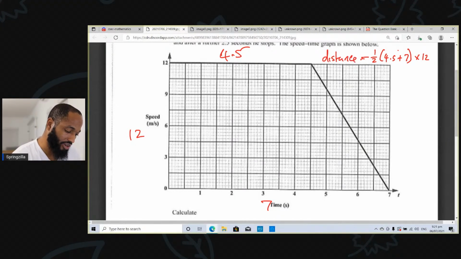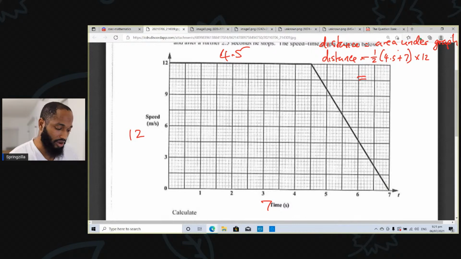What's the distance? Distance is equal to the area under the graph, right? What do you get? The distance is 69 meters.